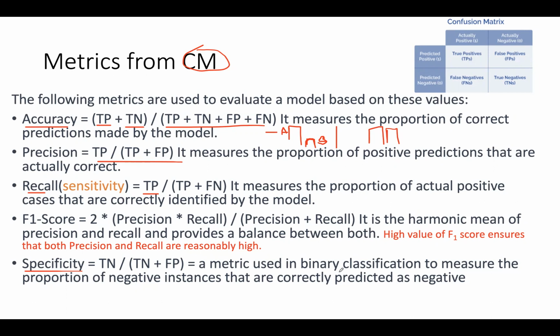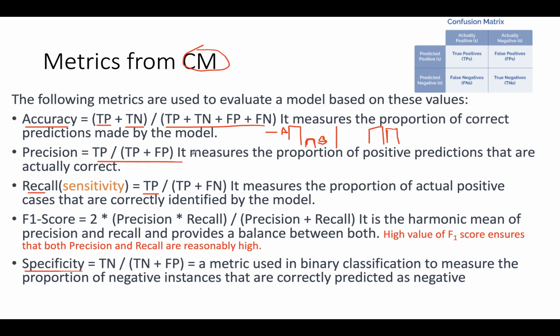This is a metric we use in binary classification to measure the proportion of negative instances that are correctly predicted as negative. So here we look at the strength of the negative class, how much of the negative class was predicted.